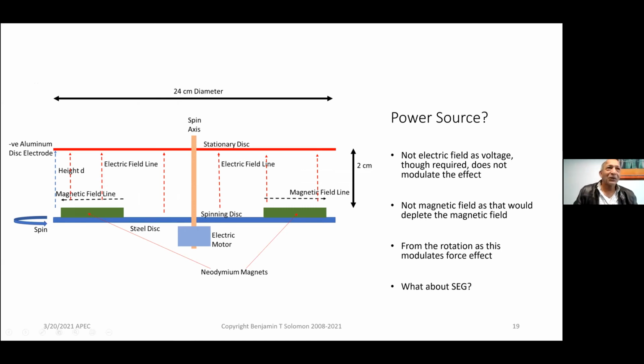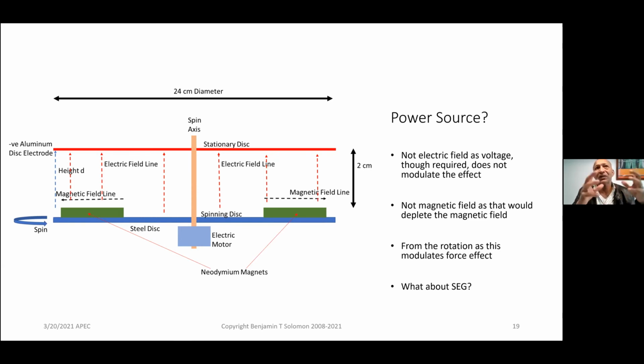Then I went back and looked at all the data and I realized, okay, it's not from the electric field, because the effect is not dependent on the electric field strength. It's not from the magnetic field, because the magnetic field is not mutable.